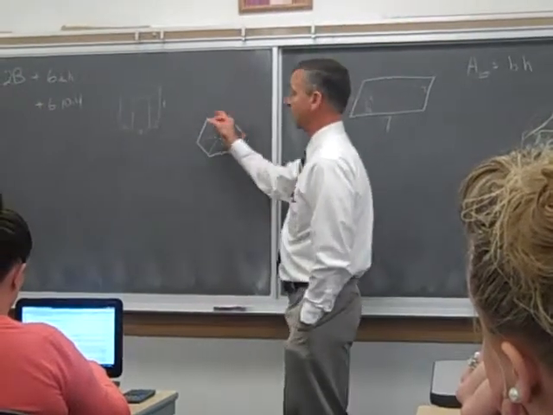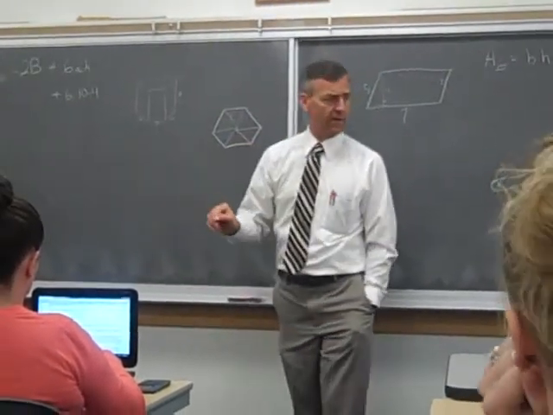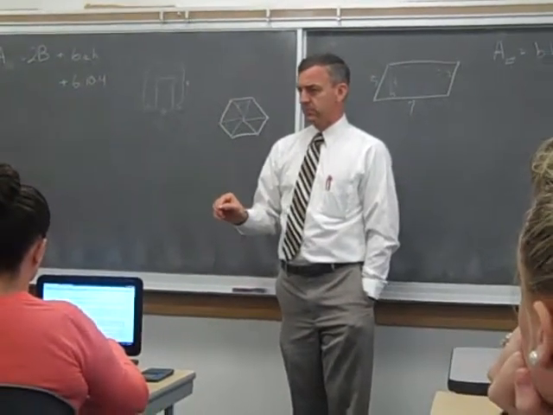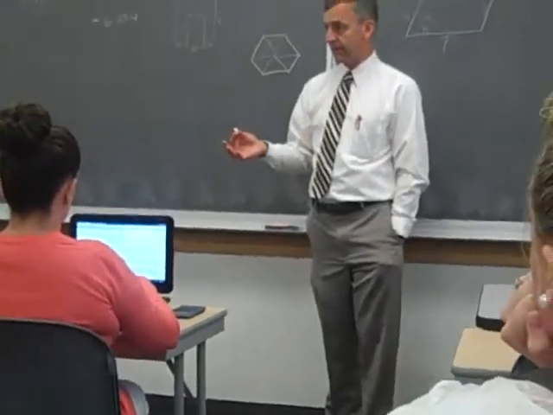What do we know about any of these? They're equilateral. How do we know they are? Because it's a regular hexagon. But what makes that equilateral triangles?